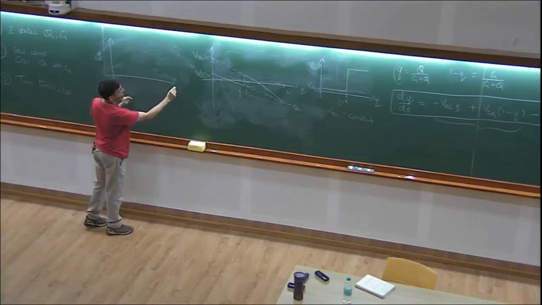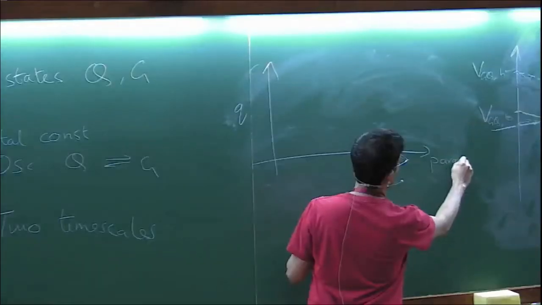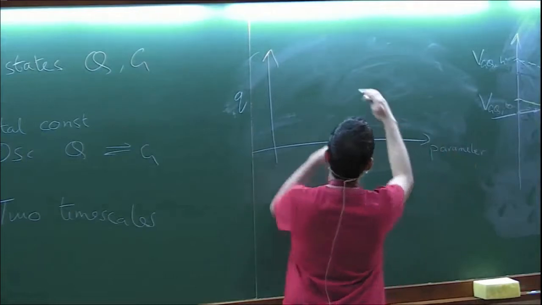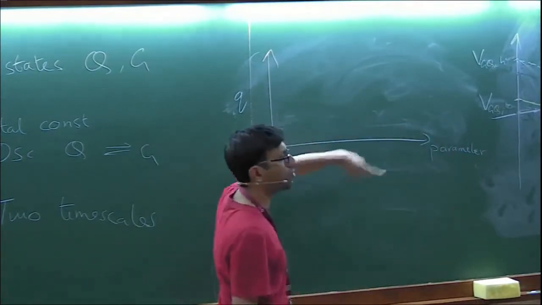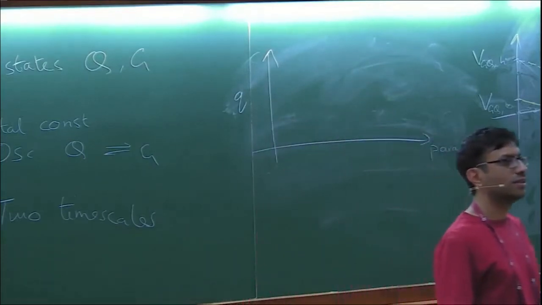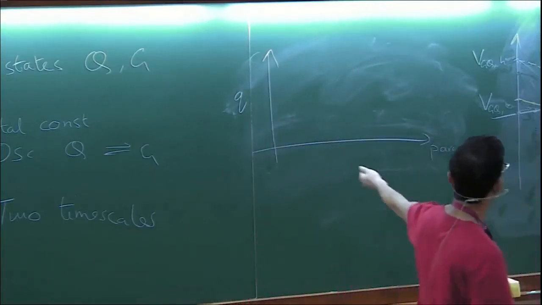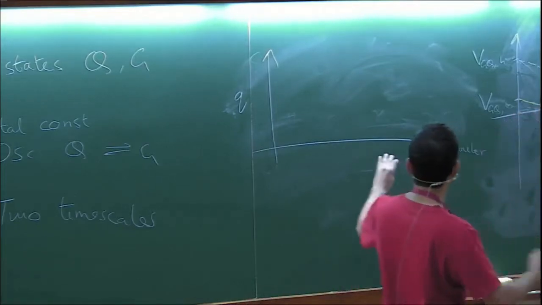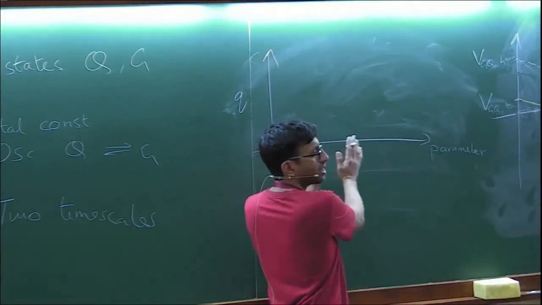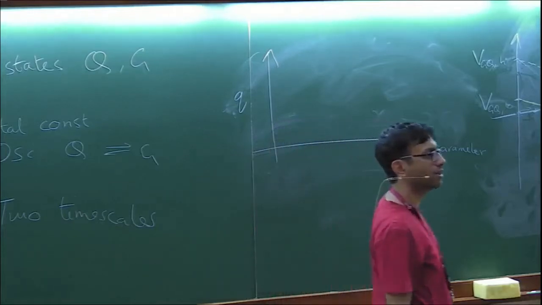We want some parameter on this axis, and we want some bistable branch, and then we want to make the parameter depend on Q so that you start going around. So I need to find some parameter that varies this curve in such a way that I can have monostability on one side, bistability, and then monostability on the other side.